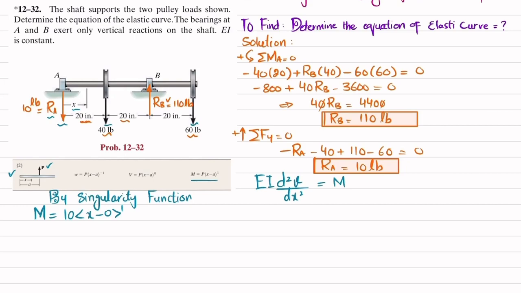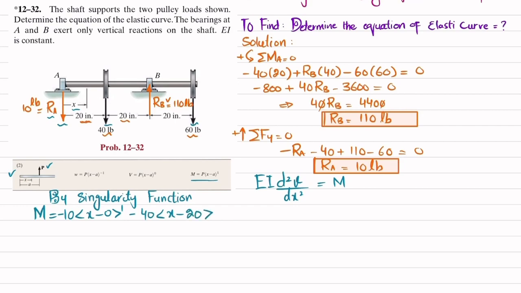The second force acts this way, which is minus. This force is downward and this force is upward, so the moment is positive, so we take it minus. Be careful while writing this. The second force is also downward, which is 40, and it acts at a distance of 20 inches from this x. So I will write minus 40 times x minus 20.